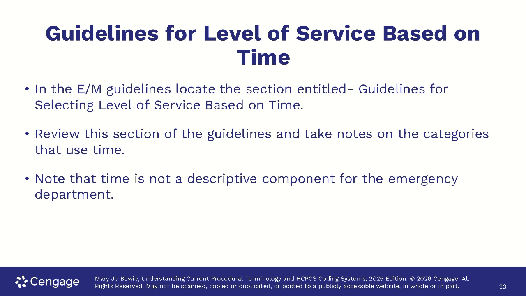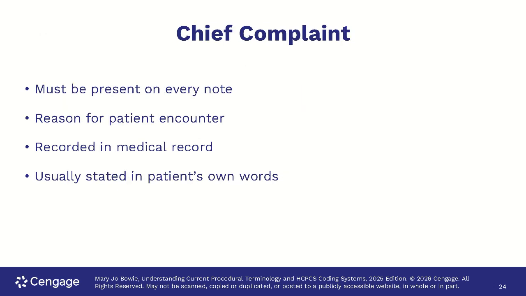Also, in the guidelines, and I talked about this already, there is criteria for capturing a service based on time. Take note of the categories that use time because not all categories have time. For example, and this is for obvious reasons, the emergency department time is not a descriptive component, right? Because there's no way.